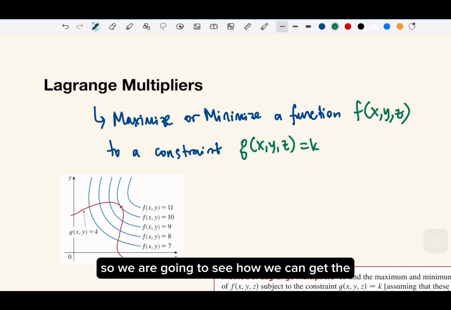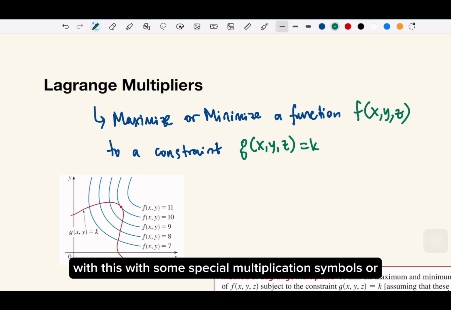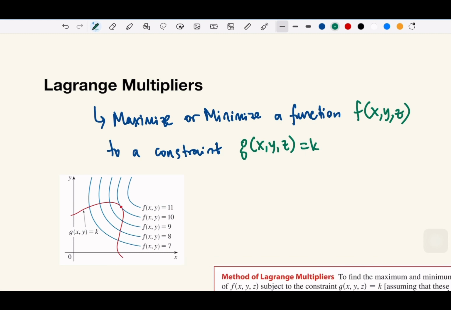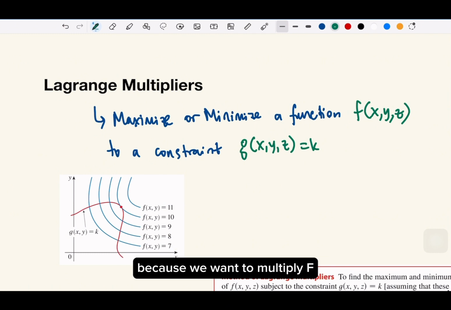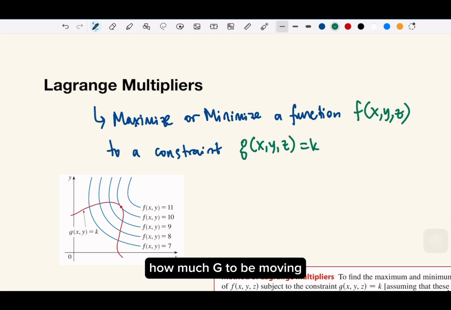Now we want to know the point that is going to be minimized or maximized. So we are going to see how we can multiply this with a special multiplication variable, which we call the Lagrange multiplier. It's called the multiplier because we want to know how much g must be multiplied by something to be equal to f.